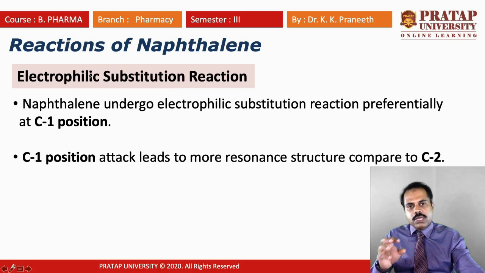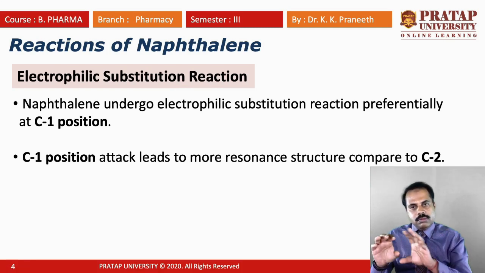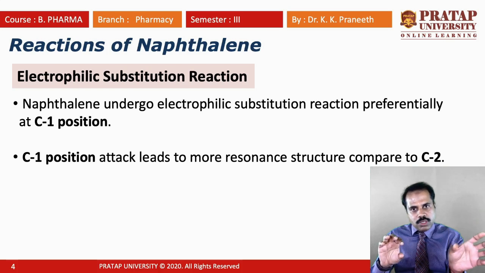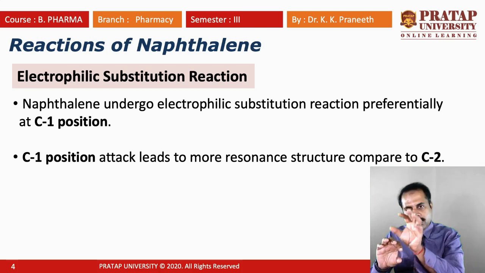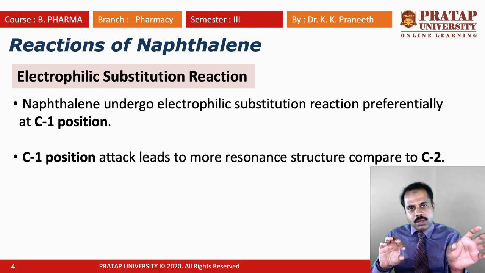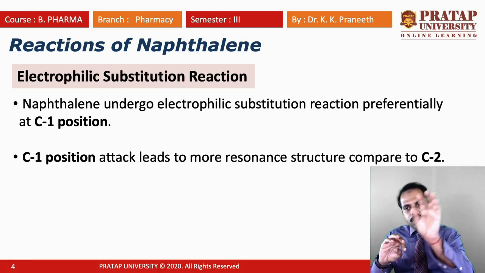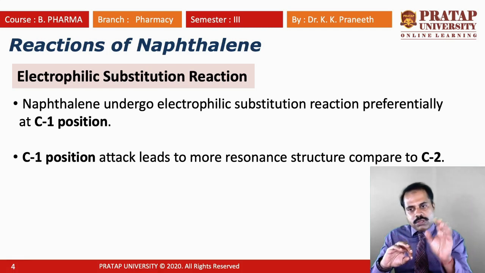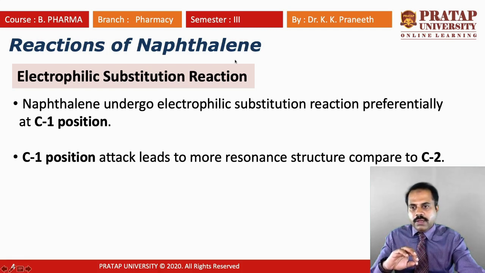Electrophilic substitution means a positive species attaches on the naphthalene ring. This is the substitution. Substitution means it will remove the hydrogen. In the place of hydrogen, this new electrophile or positive charge species will attach. We can see in the scheme, we will clearly understand.